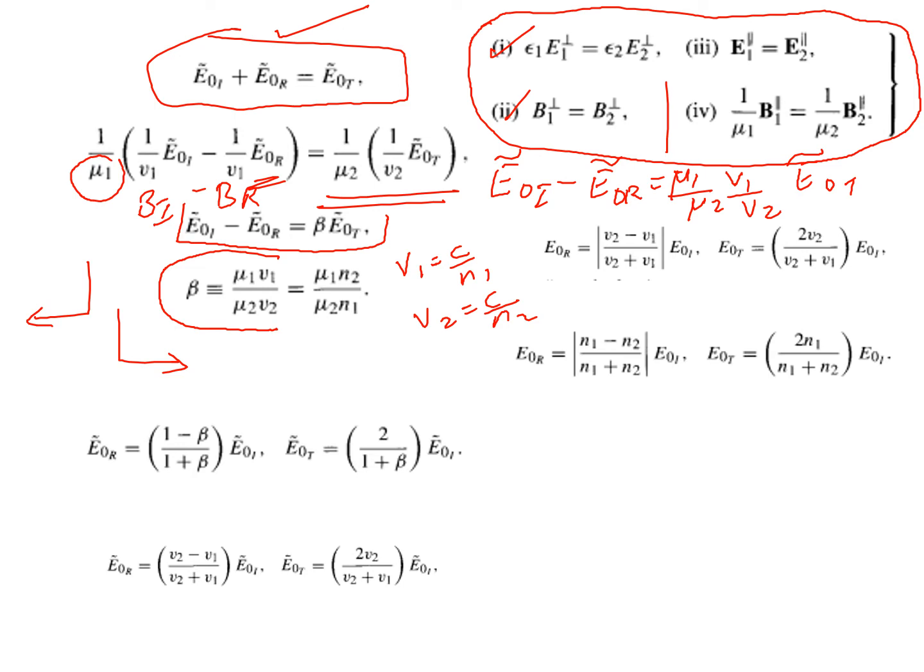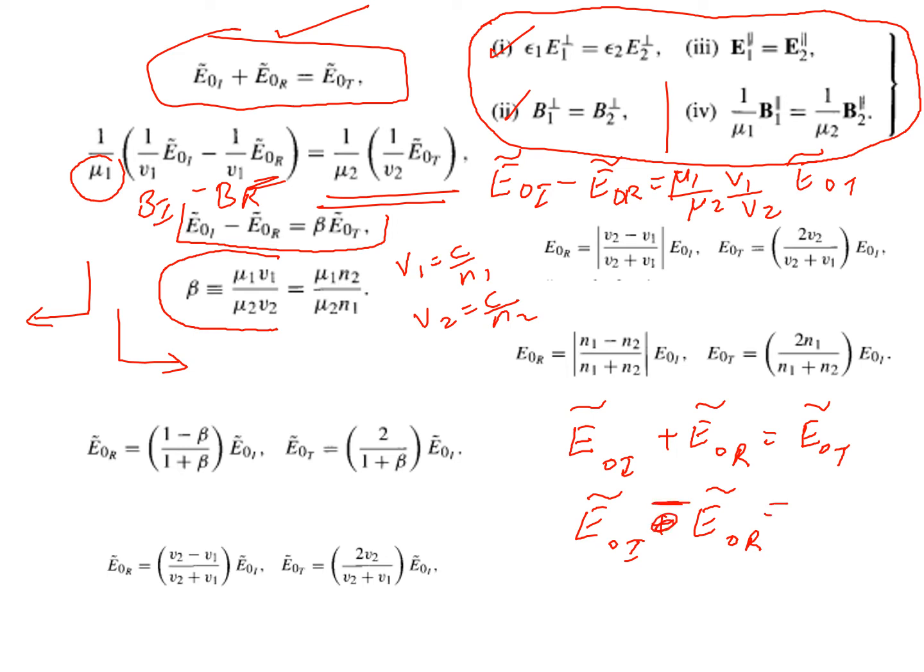Now our aim is to find E0R and E0T in terms of E0I. So we have two expressions here. One is E0I plus E0R complex equals E0T complex. The other expression is E0I complex minus E0R complex, sorry, there is a minus sign, right?